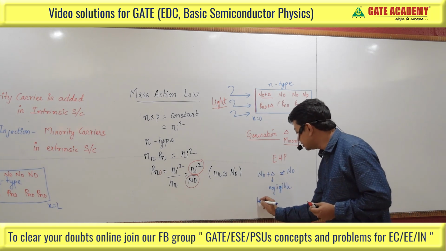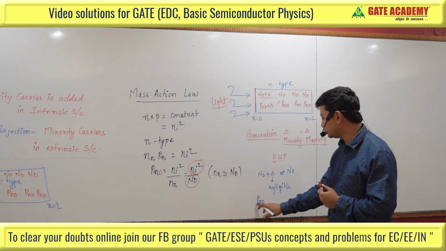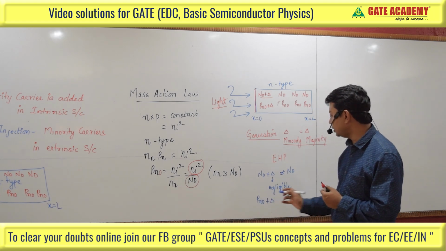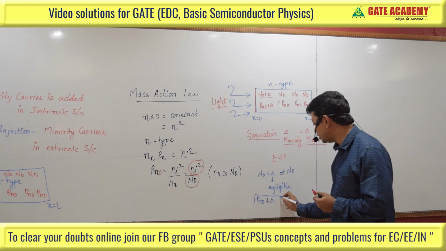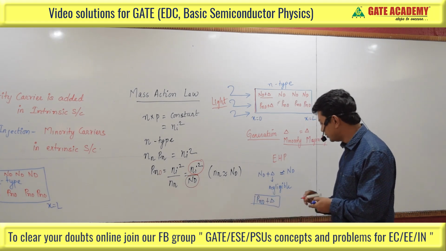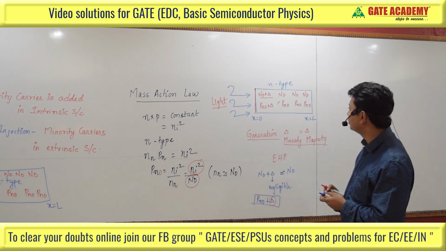But since the minority charge carrier, which is the hole here, is very small in an N-type semiconductor, adding a small amount cannot be neglected. So we have to consider Pn naught plus delta n here.